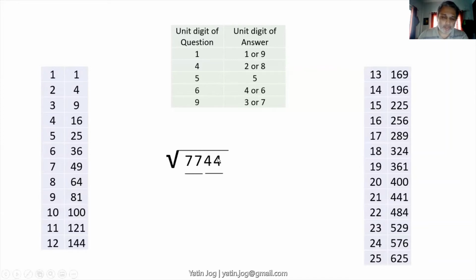Now look at the unit place. The unit digit of the question is 4, and from the chart, 4 says the unit digit of the answer has to be either 2 or 8.